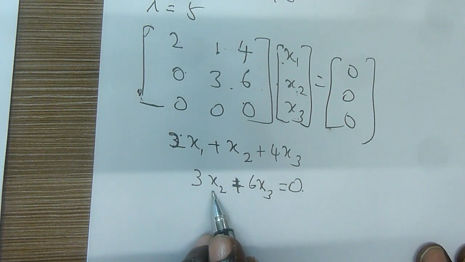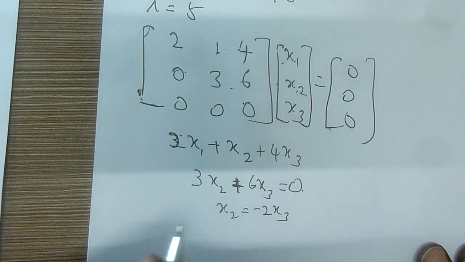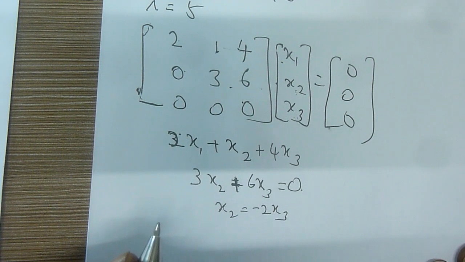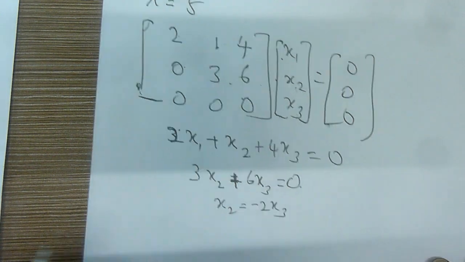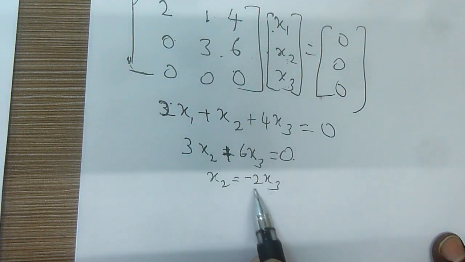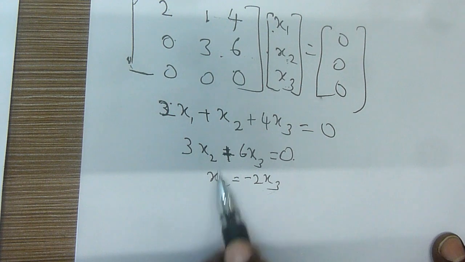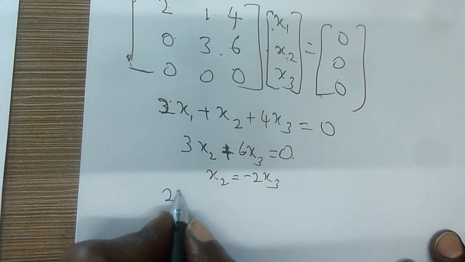So x2 is negative 2x3. That is the logic that we have here. Then when you substitute x2 with this, you get something like that.